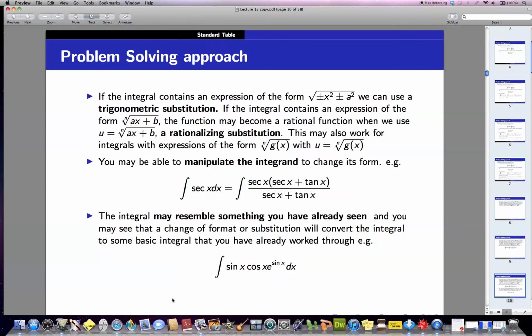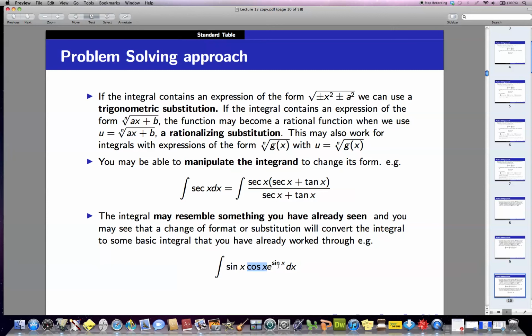And again, the integral may vaguely resemble something you've already seen. For example, here, this vaguely resembles the integral of u e to the u, except we have this spare cosine here. So we may have to do this integral in two steps.